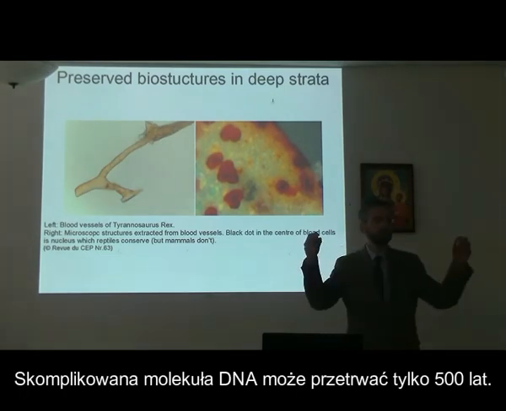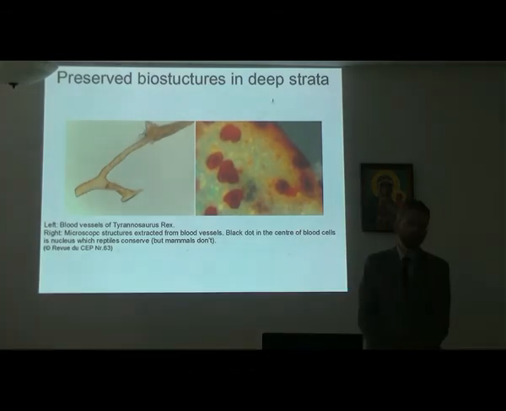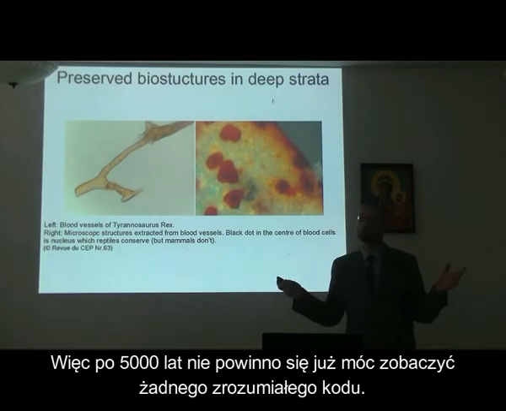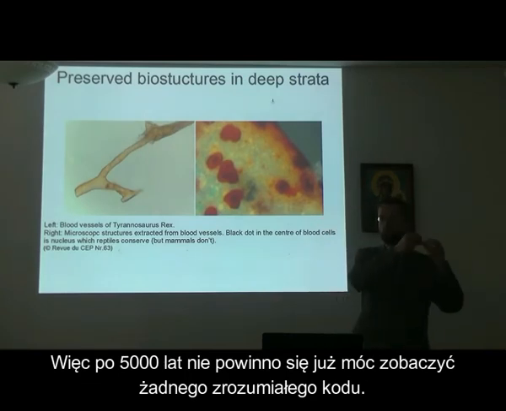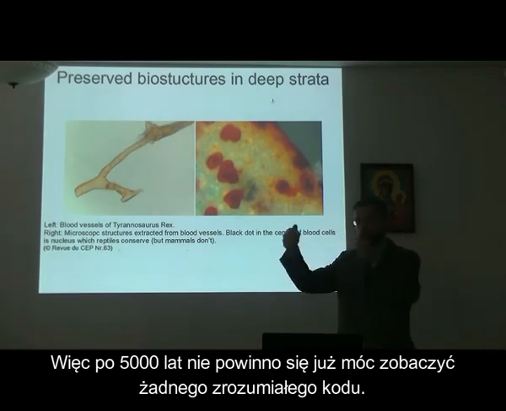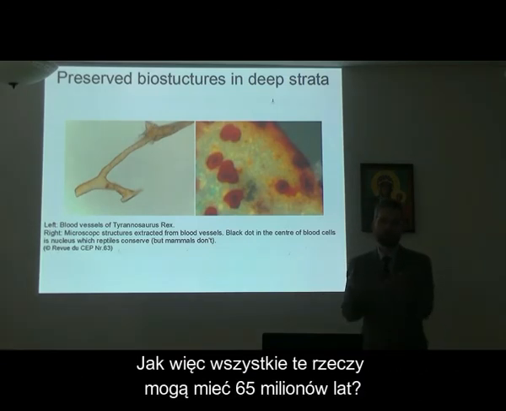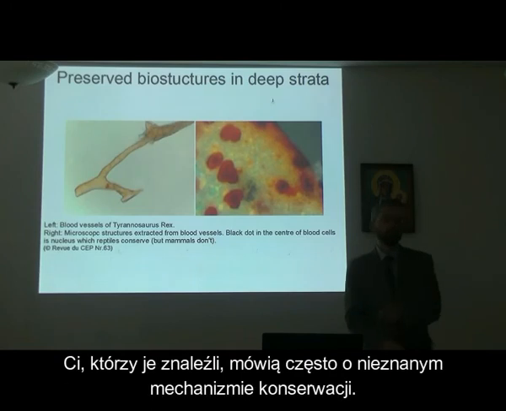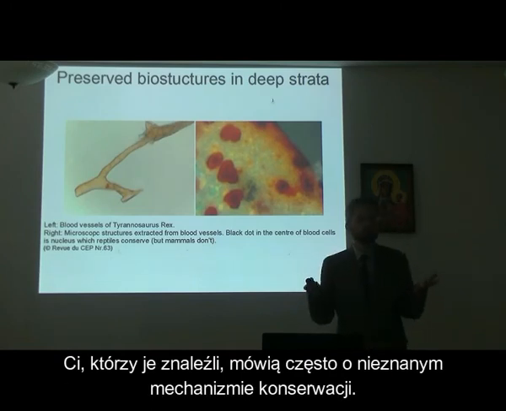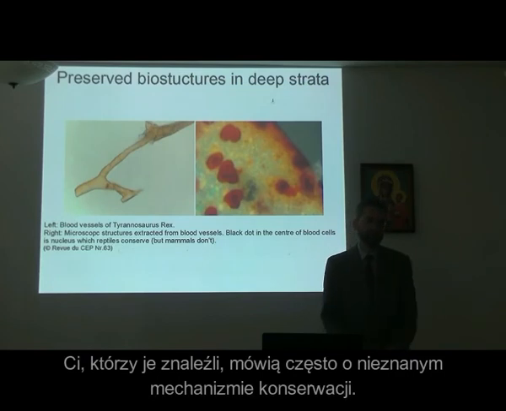The complicated DNA molecule has a half-life of 500 years only. So after 5,000 years, you should not be able to see any reasonable code anymore. How can all these things be 65 million years old? Those who have found this speak of an unknown preservation mechanism.